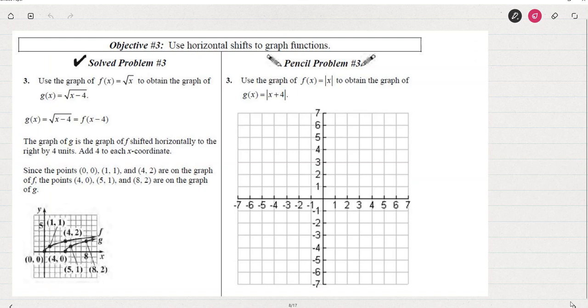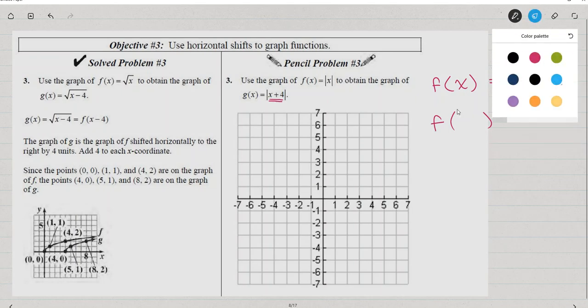Let's look at horizontal shifts. When we put the shift, the change, inside the function, so if you looked at this in function notation, f of x is being defined as the absolute value of x. What we're doing here is f of x plus 4.